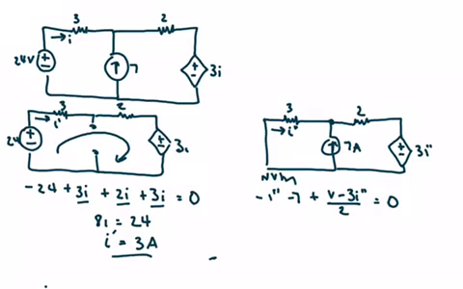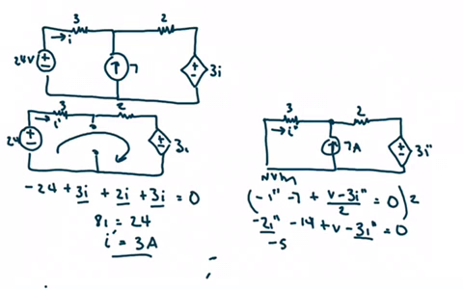Okay, and so we multiply out by 2. That will give us 2I double prime minus 14 plus V minus 3I double prime equals 0. Putting together my like terms again, minus I double prime minus 14 plus V equals 0.